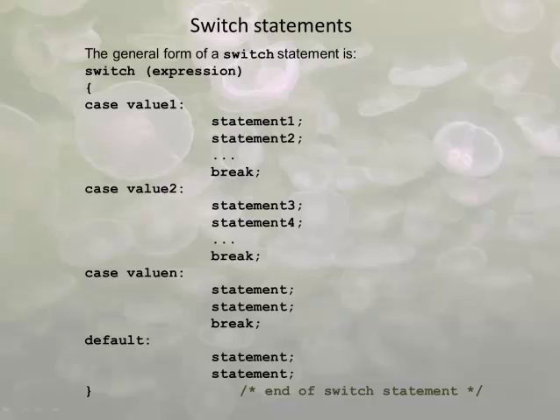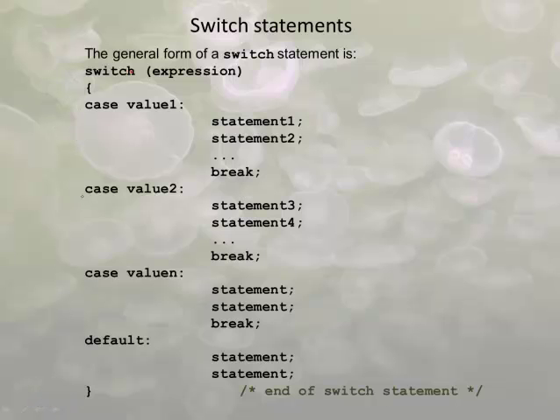And our last topic is that of switch statements. So you see the general expression of a switch statement from the top to the bottom, and let me point out some important parts. Switch is a reserved word, and you switch on the value of a variable. You have an open and close curly brace, that is the beginning and end of the switch statement.